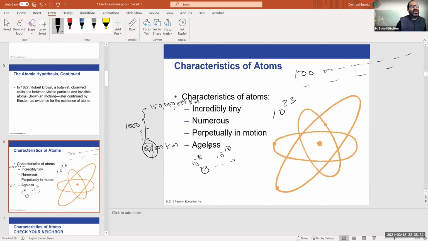And they have existed ever since the universe basically was created. I lied a little about that, okay? The atoms formed around 380,000 years after the universe came to be, after the Big Bang. The reason we say that is the following. Immediately after the Big Bang, the temperature was so hot that not even an atom could exist.